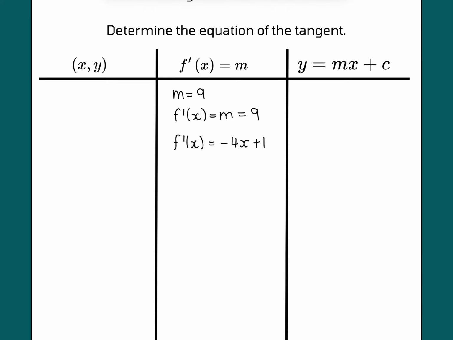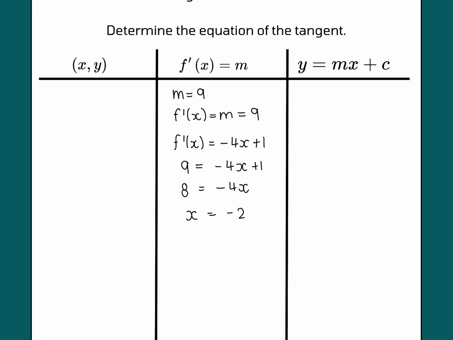So I can now make my derivative equal to 9. And then we're just going to solve it like a normal equation. You're going to take that plus 1 across, which would then give you 8 equals negative 4x. And then you are going to divide to give you that it's going to be at x equals negative 2.